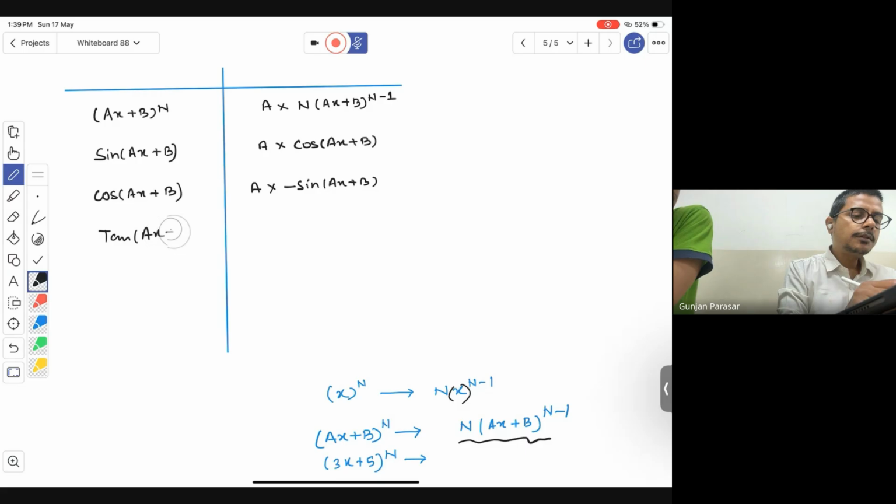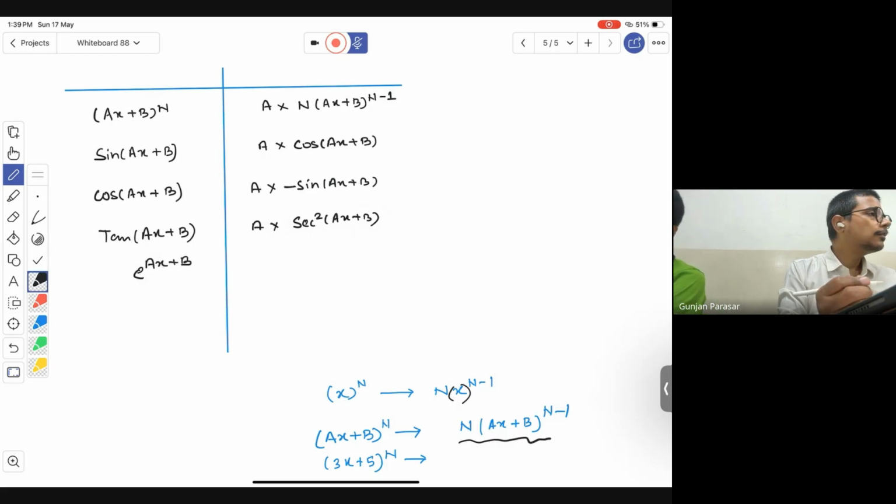tan(ax + b): tan x differentiation was sec^2 x. So tan(ax + b) will become sec^2(ax + b) multiplied by a. Then I will write e^(ax + b). Can you answer what it will be? e^x, nice guy, nothing happens to him, as if differentiation is not affecting him.